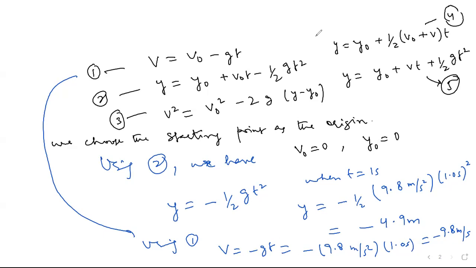So we have solved the first part of the problem. This is the position at t is equal to 1 second, and this is the velocity at t is equal to 1 second.